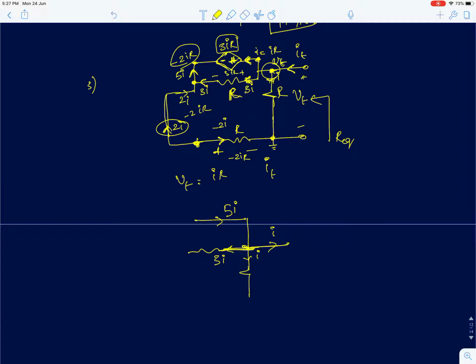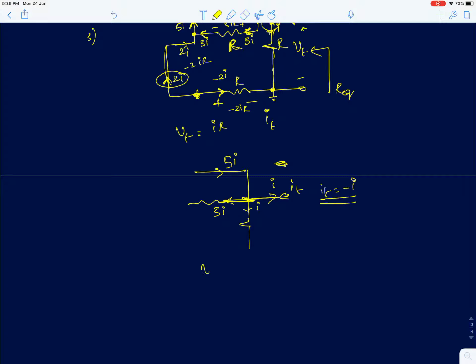But we said the current flowing in this direction is IT, so IT is simply equal to minus I. So we know VT is IR, and VT by IT is your equivalent resistance, which is simply IR upon minus I, which is minus R. So you actually got a negative resistance.